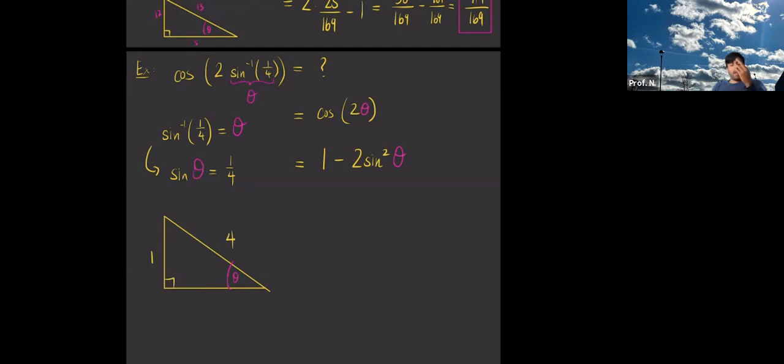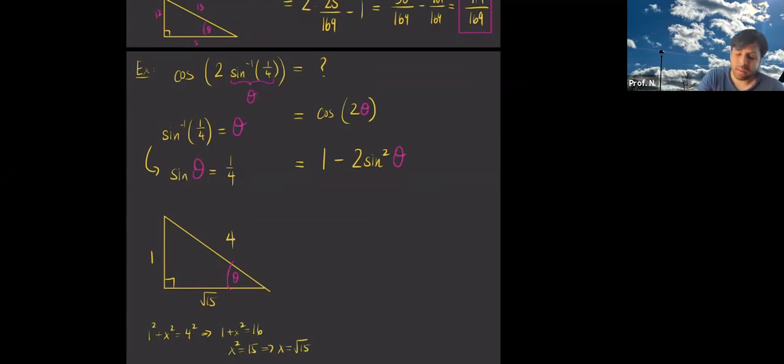Using the Pythagorean theorem, call this x. I got 1 squared plus x squared equals 4 squared. 1 plus x squared equals 16. X squared equals 15. So x is square root of 15.